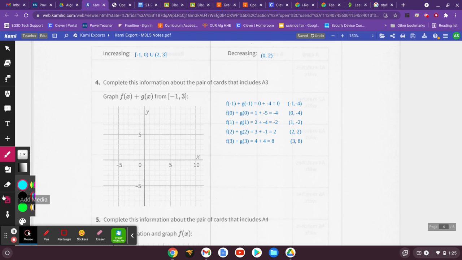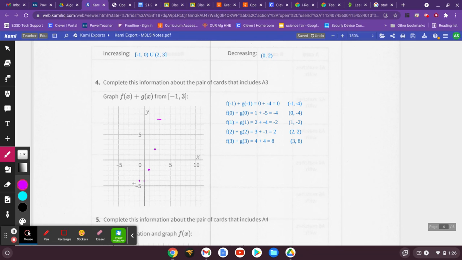So I'm going to go ahead and do my drawing tool, and I'm going to do this one in purple so it shows up a little better. So -1, -4, 0, -4, and then 1, -2, and 2, 2, and 3, 8.